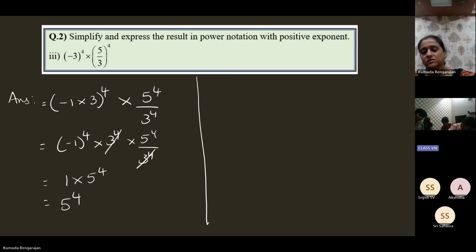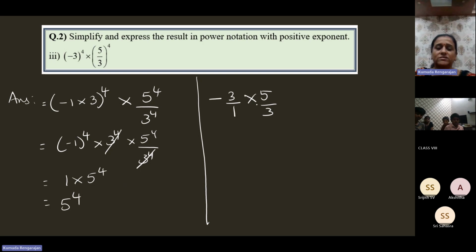Ma'am, can I read out my steps? Yeah, Dhanvit. Ma'am, minus 3 by 1 into 5 by 3, the whole power 4. I was about to do this as the next procedure.